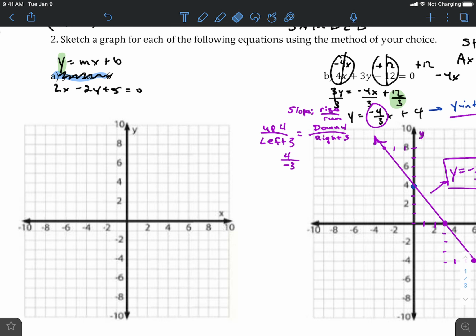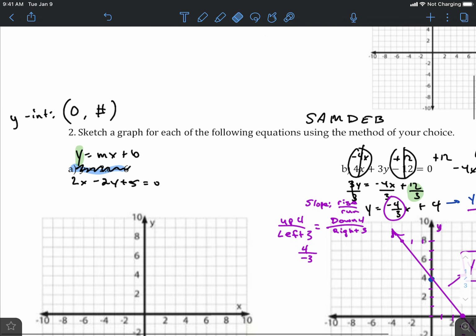So if you wanted to solve for the y-intercept, what you could do is plug x equals 0 into the equation and solve for y. Watch what happens.